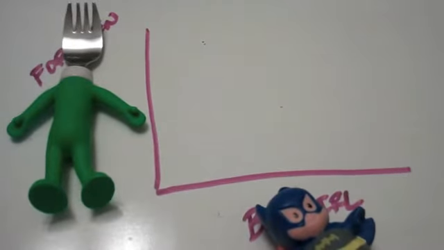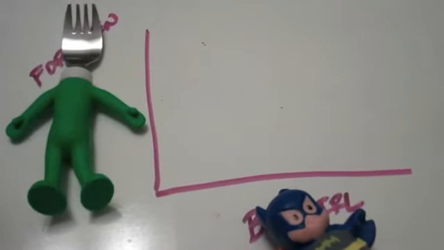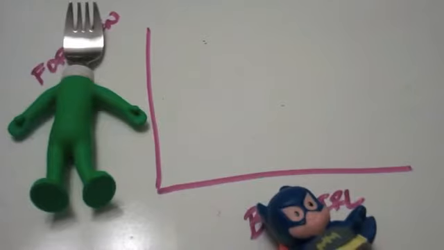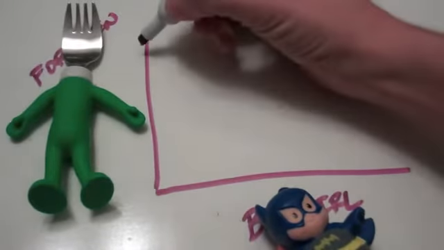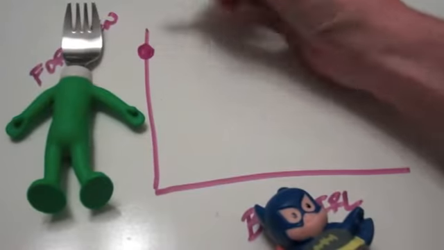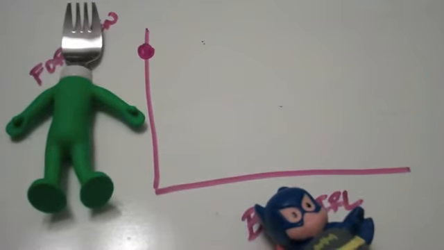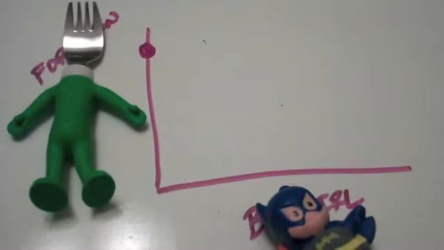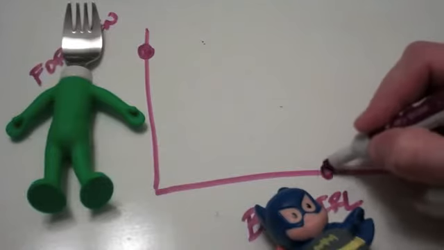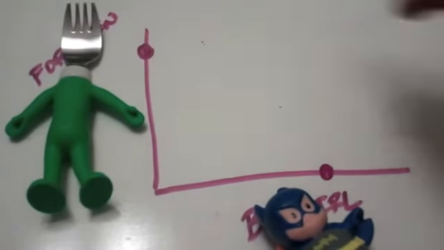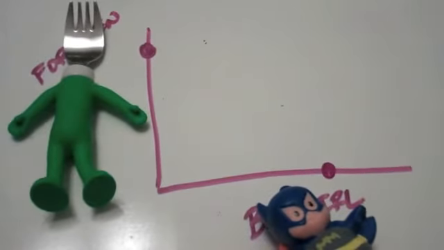All right, and using the graph, we can show the concepts of trade-offs. If we were to, in Nerdtopia here, make only forkmen, we would have a complete production of forkmen, but then we can make none of these lovely Batgirl action figures. Or we can make only Batgirl action figures, but then we'd have none of these awesome forkmen.